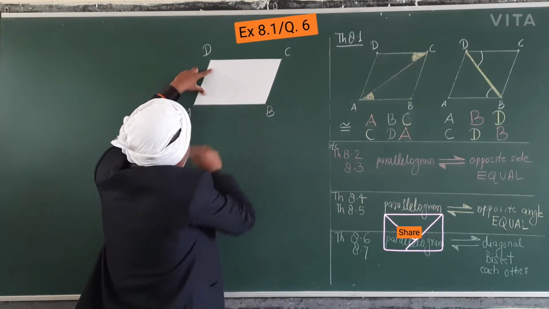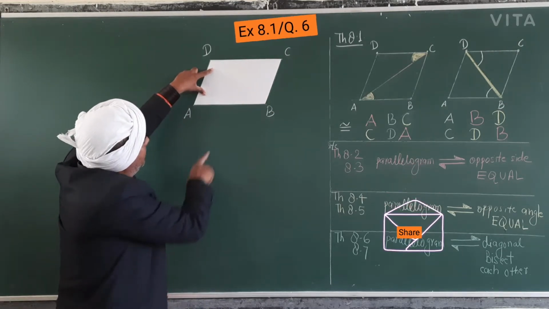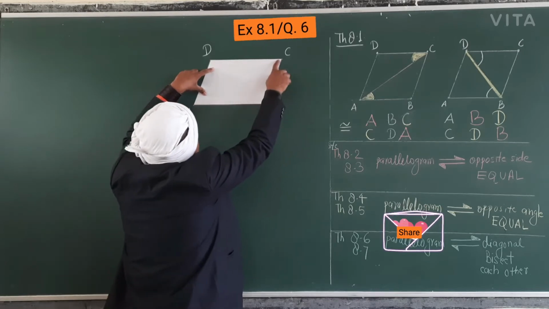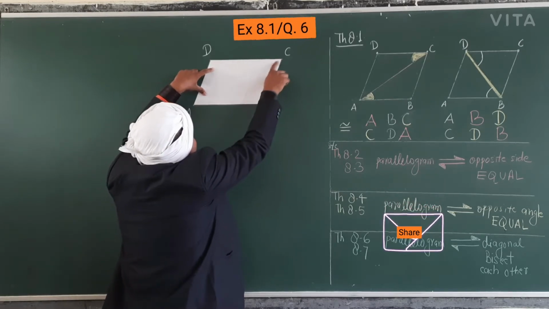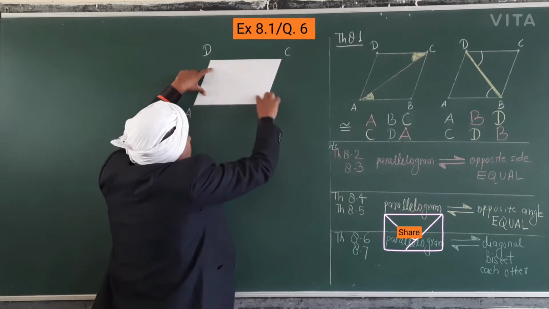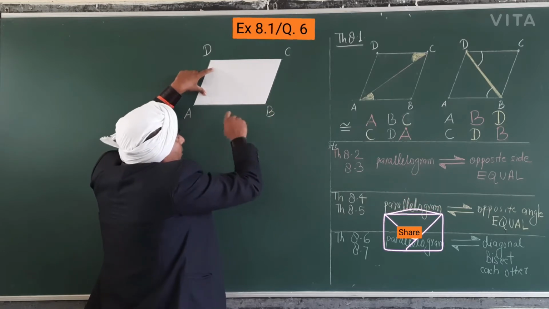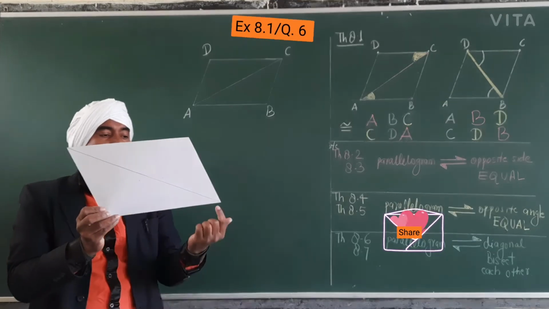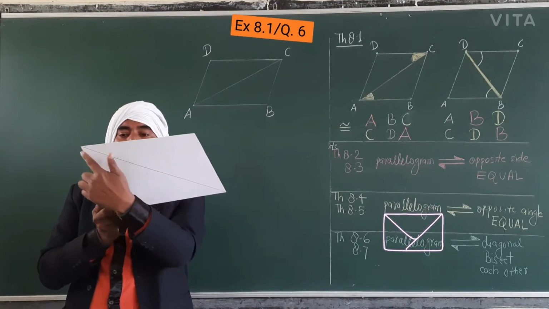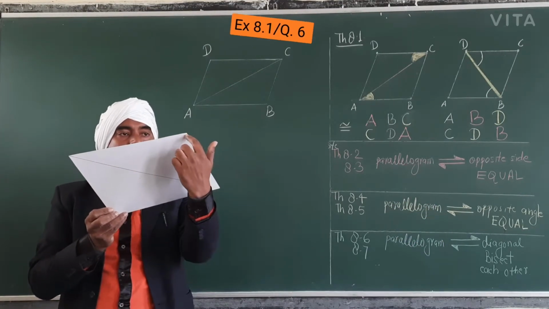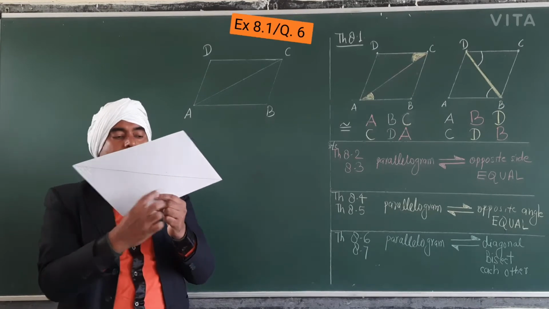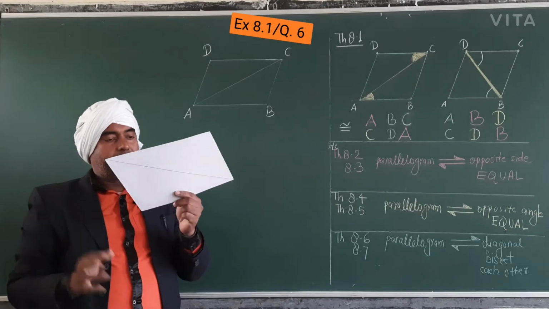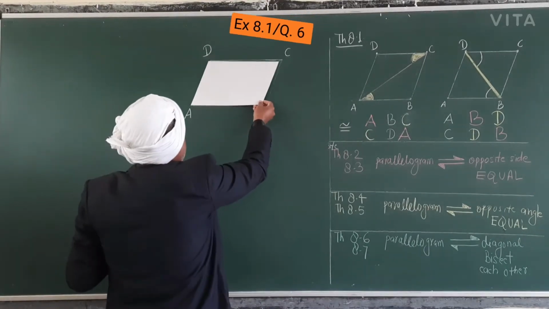This is parallelogram ABCD, and AC and BD are two diagonals. So for your clarification, I have made diagonal AC. This is the diagonal AC, and obviously this diagonal is smaller than this one. So this is in this form.